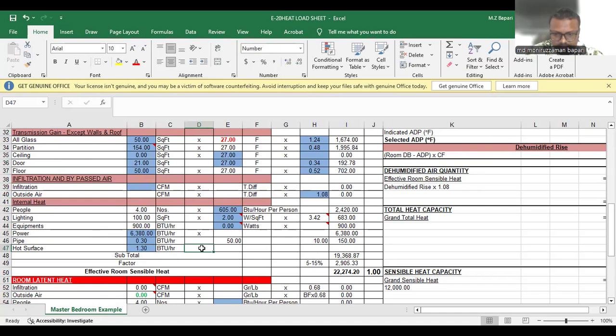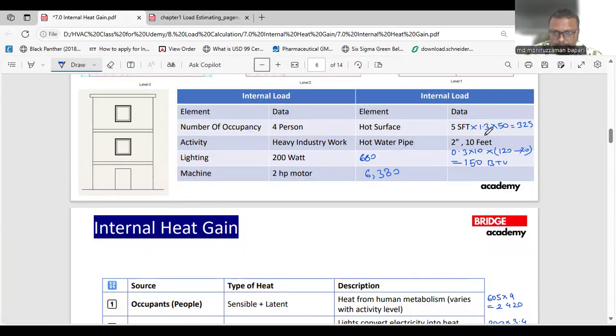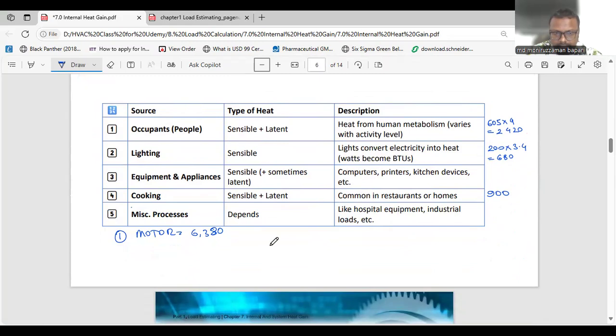The temperature difference is again 50 degrees Fahrenheit. And then the area is 5 square feet. So now if we multiply, it's the amount of heat incurred from the hot surface. I think that's all. Let me check it back. We have considered motor, lighting, everything. Yeah, I think we are done.